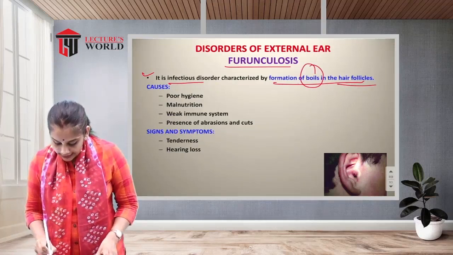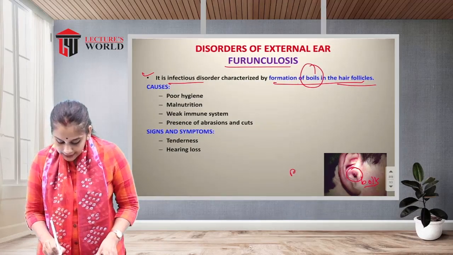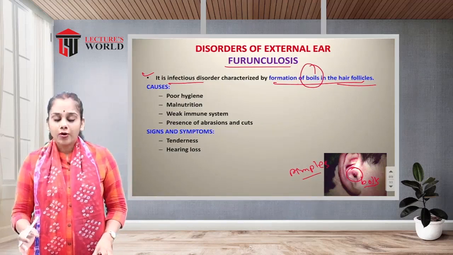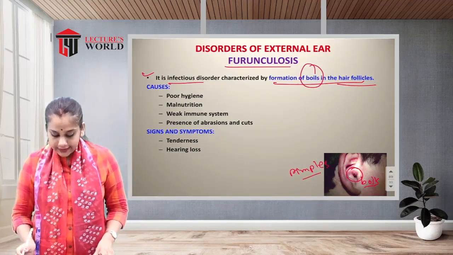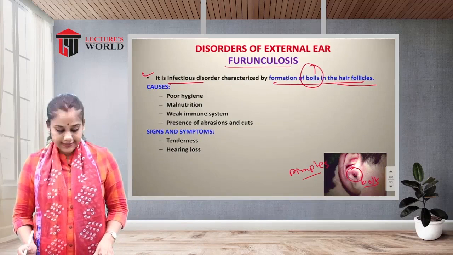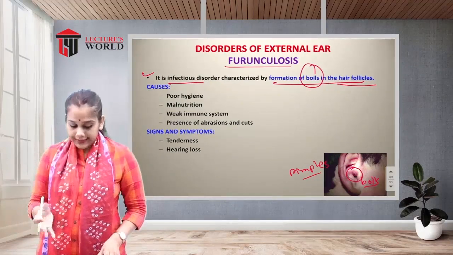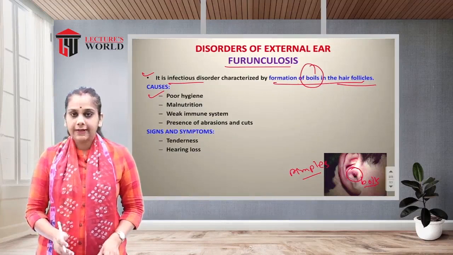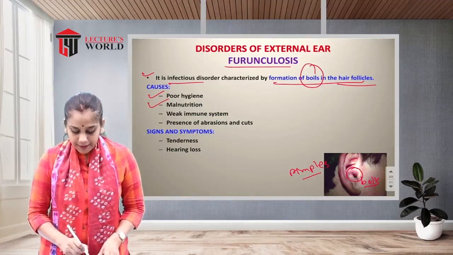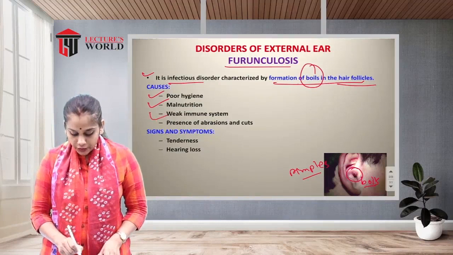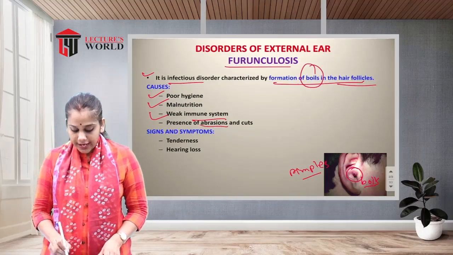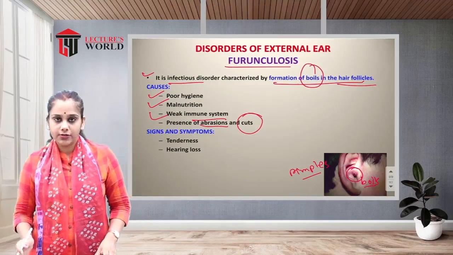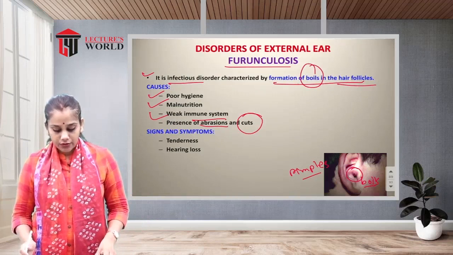In the ear you can see there are boils or pimples formed inside the ear, that is known as furunculosis. Which are the causes for this? Poor hygiene, if a person is maintaining poor hygiene of the ear, malnutrition, weak immune system, and presence of abrasions and cuts, that can also lead to furunculosis.